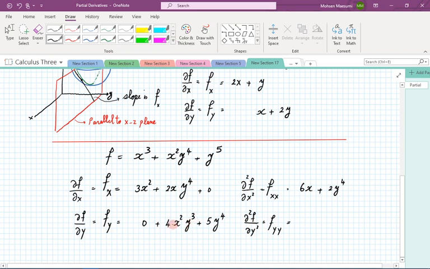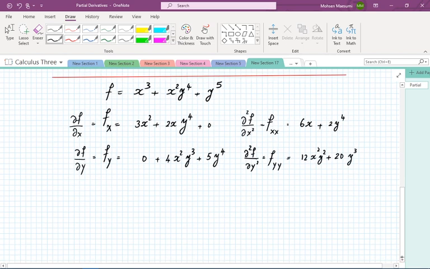The 4x squared is a constant that stays here. y cubed becomes 3y squared, so I'll have 12x squared y squared. And this one is 20y cubed. So these are the second partials with respect to the same variable.